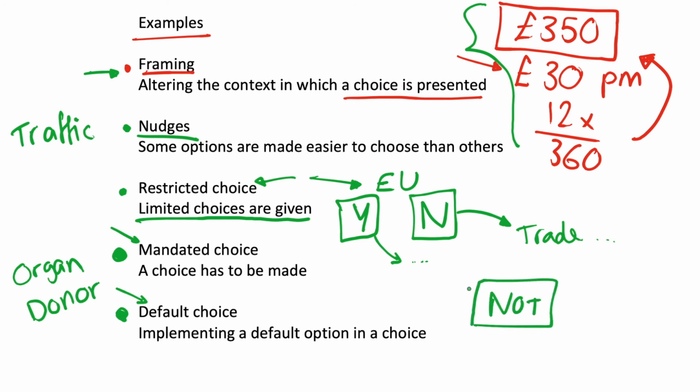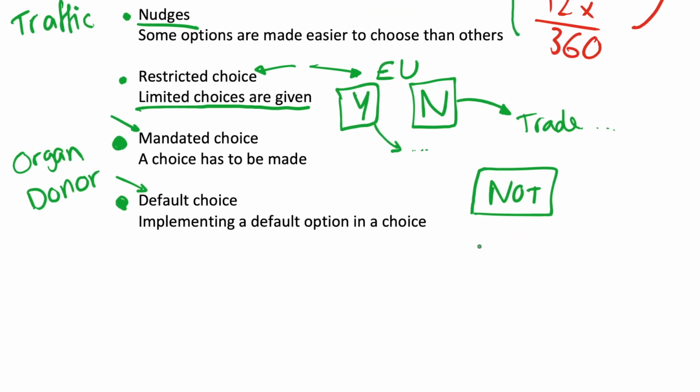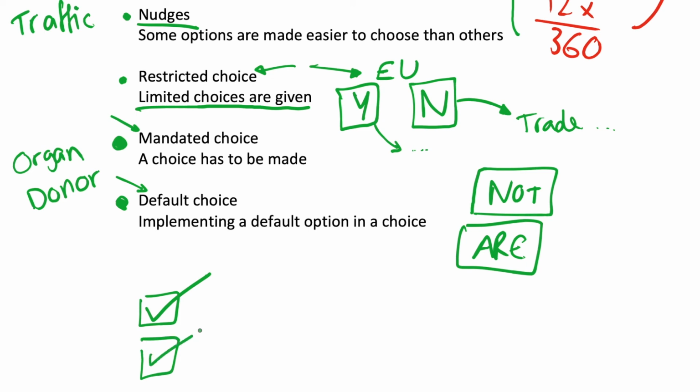Whereas in, say, Sweden, I believe the default option is that you are an organ donor and you have to opt out of the program. And we see this a lot where we have checkboxes. Say we're signing up to a site and they'll have a checkbox like, tick this box if you want to receive news and updates by email from this company, or do you want to receive our newsletter or whatever, and you have to check that box.